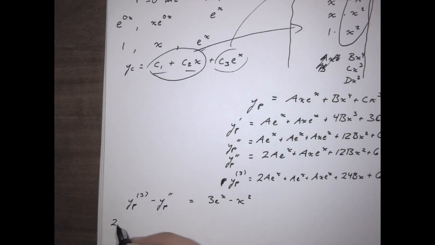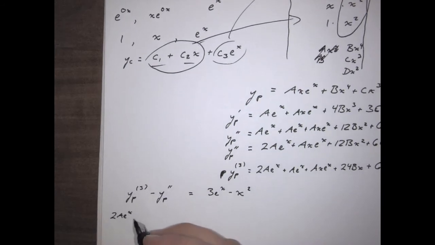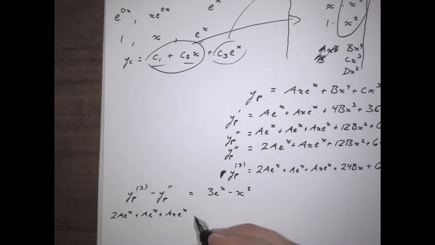What we have here is 2a e to the x plus a e to the x plus ax e to the x plus 24bx plus 6c.